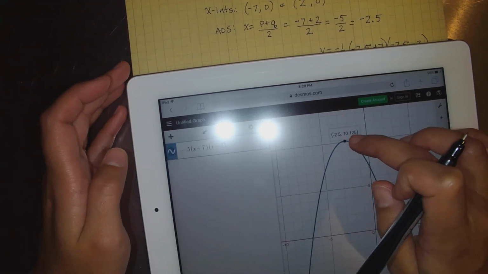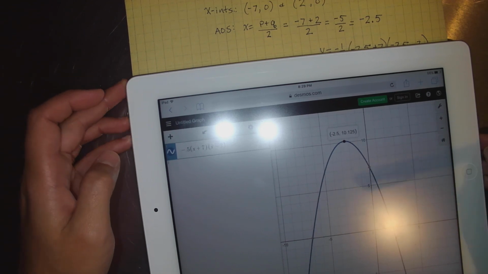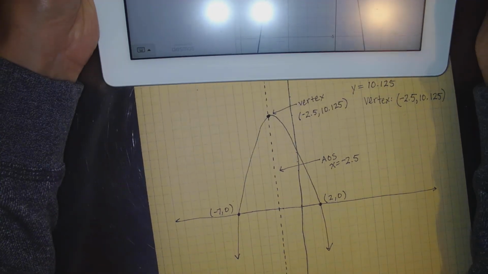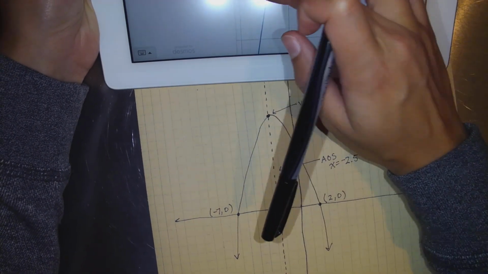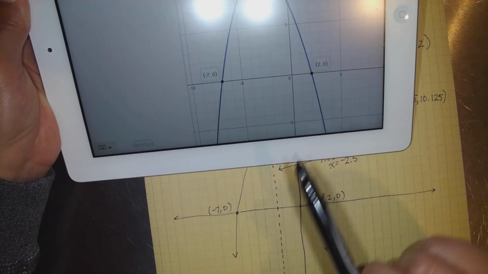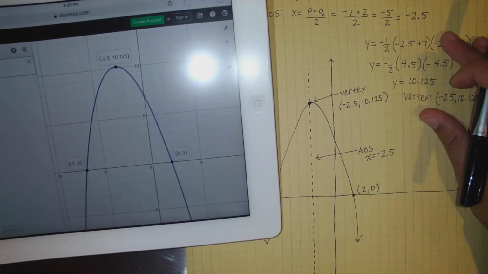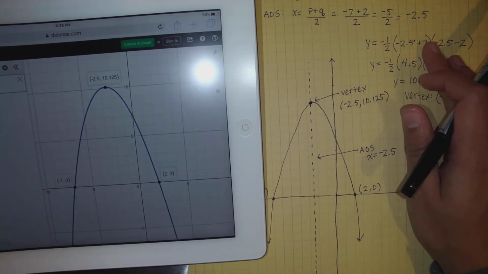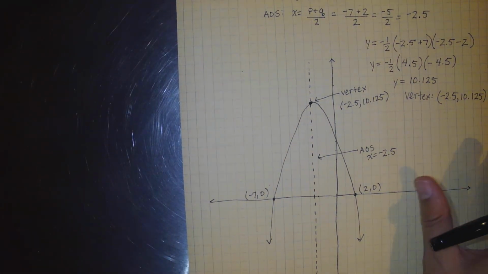I can just click on my vertex, (-2.5, 10.125). I have the same thing, and then the x-intercepts (-7, 0) and (2, 0), and that's the same. It looks similar, right? Maybe that one looks nicer. So that's our intercept form.